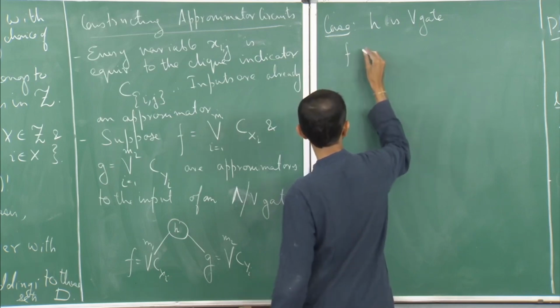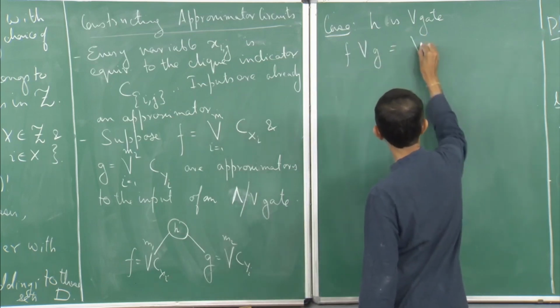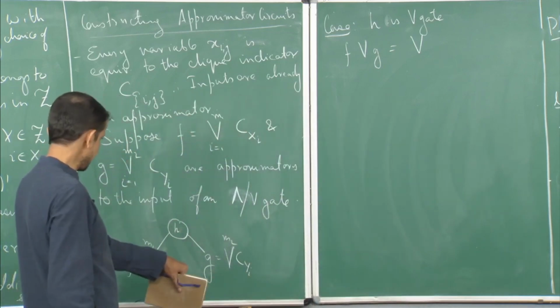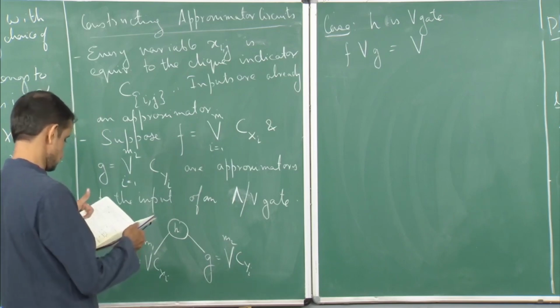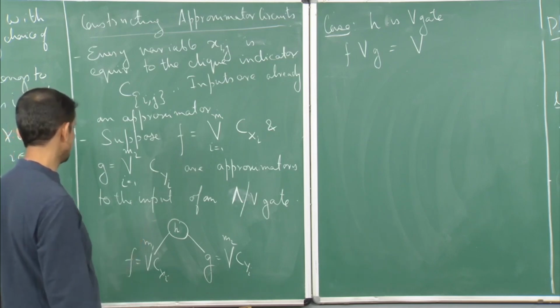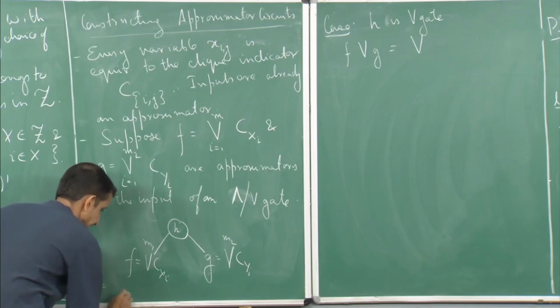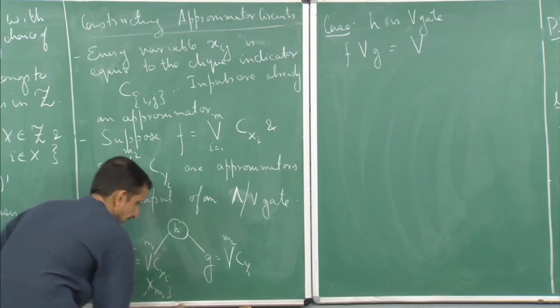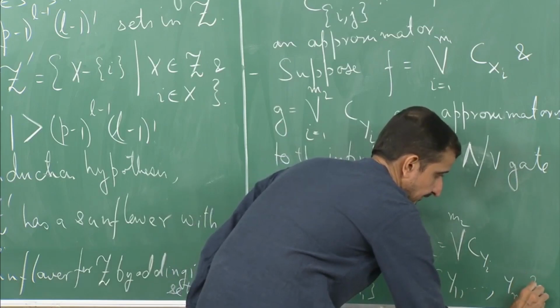Let's say I define F or G. One more thing I need to define: these Xi's and Yi's come from a set M. So let A be the set of all these sets x1 up to xm1, and B be equal to y1 up to ym2.